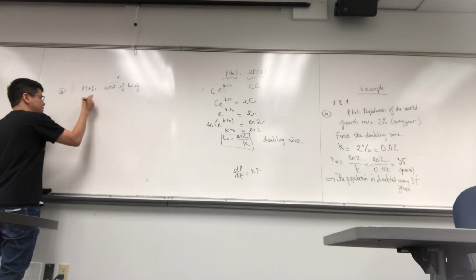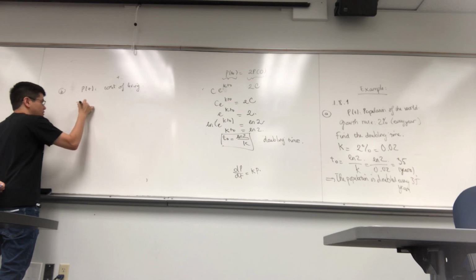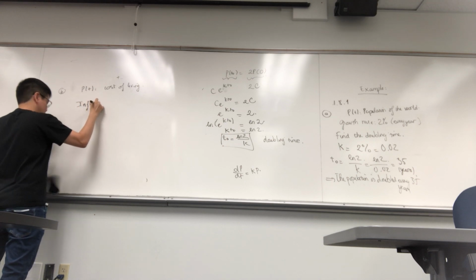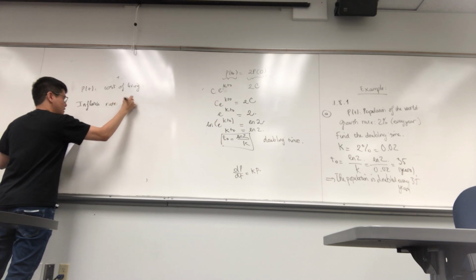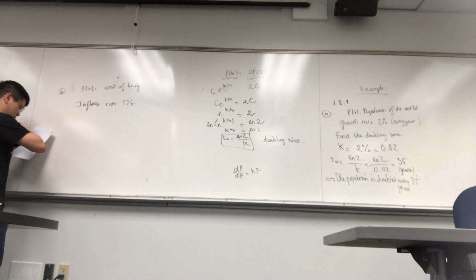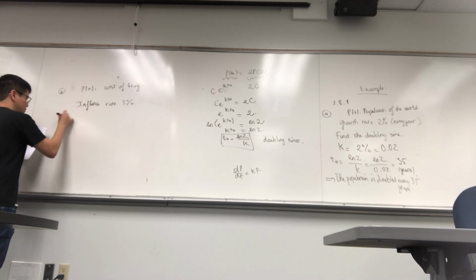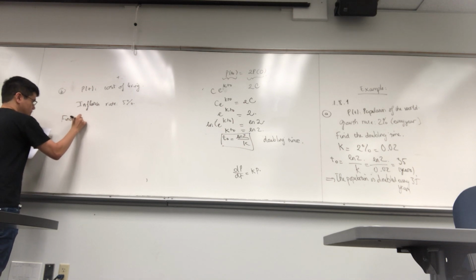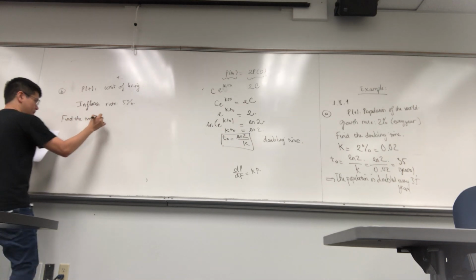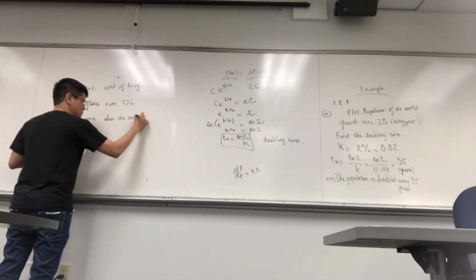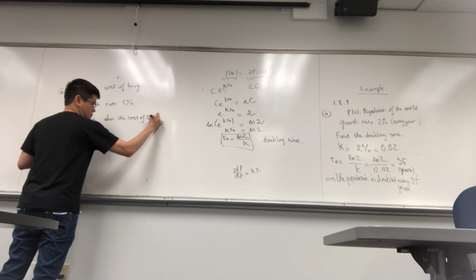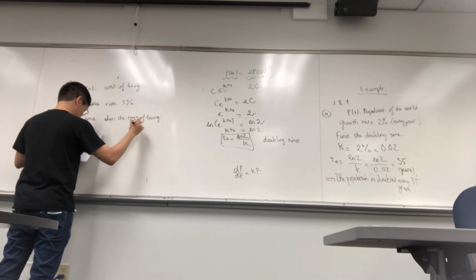So the cost of living has an inflation rate of 5%. So find the time when the cost of living is double.